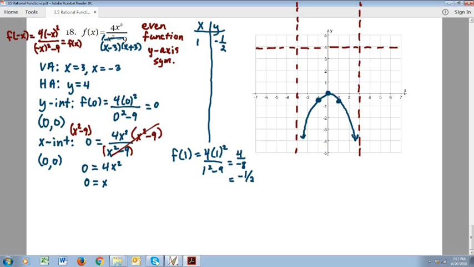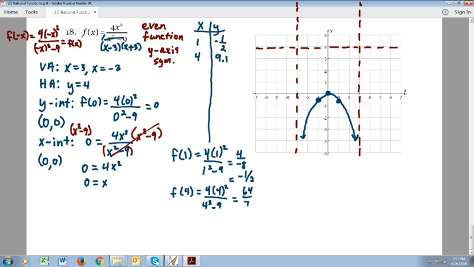So next it'd be nice to know maybe when x is 4, what we get. So let's plug in 4. So 4 times 16, that's 64 in the numerator. And 16 minus 9 in the denominator is going to give us 7. So 64 over 7, just throw that in the calculator. It's just a little more than 9, or about 9. I don't even know if I can get up that high.